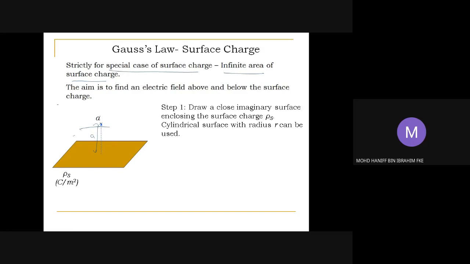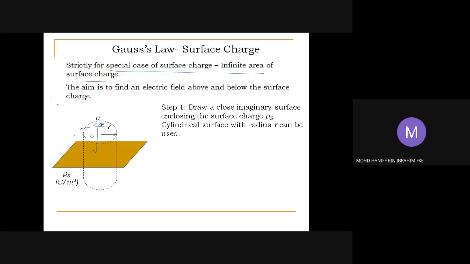Number one, the Gaussian surface must pass through this point of interest a. In this particular case, you have to adopt a cylindrical surface as a Gaussian surface. So your Gaussian surface should look like this, in which the Gaussian surface has a radius of r.